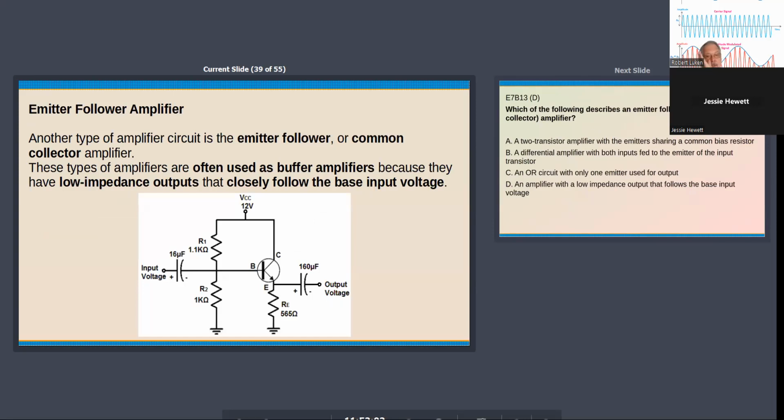The output impedance is determined by the RE resistor and the transistor itself. You use that to isolate things like an oscillator circuit that you don't want to load and change the frequency. You put something like this in between so that you can drive with more power and you don't need to amplify it.